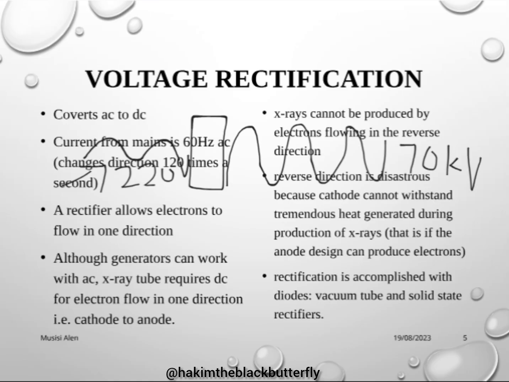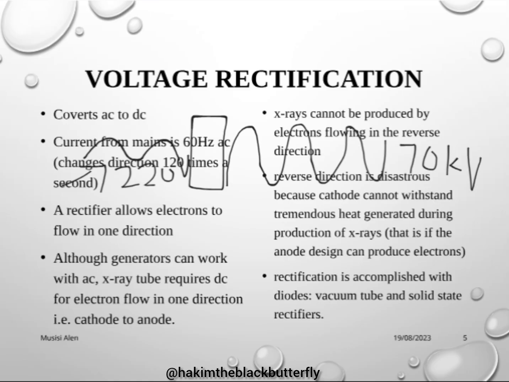Rectifiers are diodes. A diode is a rectifier. If you remember your A-level physics, diodes rectify voltage. Current from the main supply of power from the sockets has a frequency of about 60 Hz.